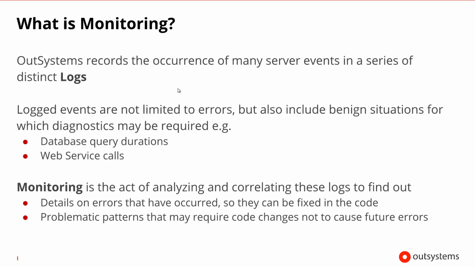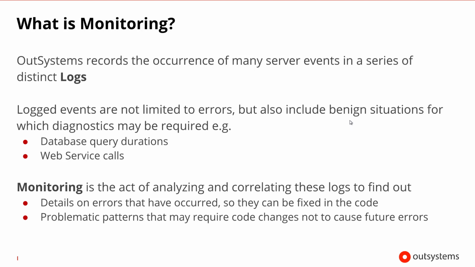Now that takes care of debugging, but then what is monitoring, and how would that be different than some of the things we just talked about? Well, we just said that while we're doing certain types of exceptions, we can log the information that occurred in those exceptions. So OutSystems is recording lots of different events that occur in a series of distinct logs. These log events don't have to be just errors.